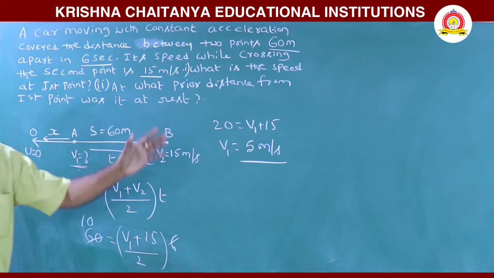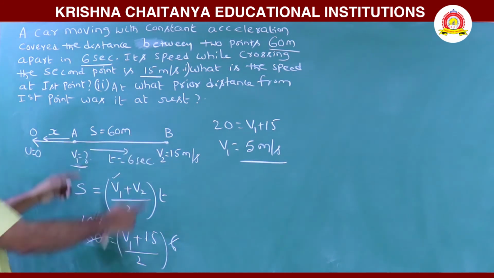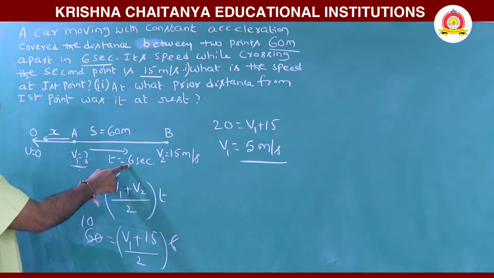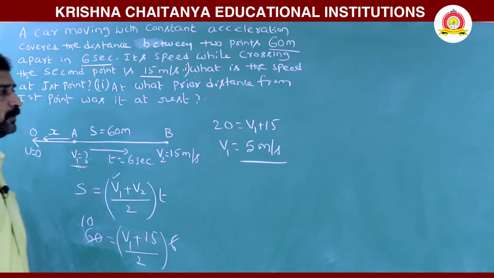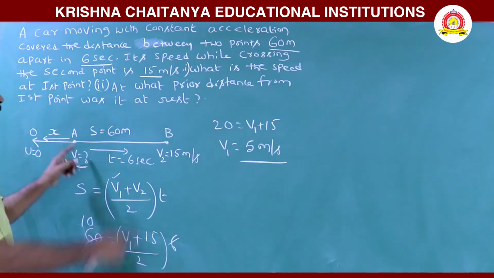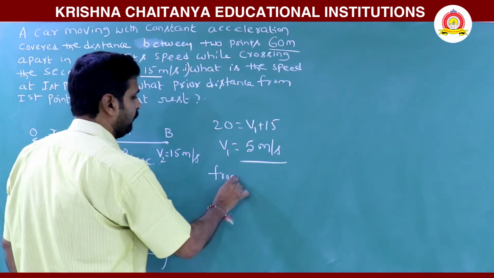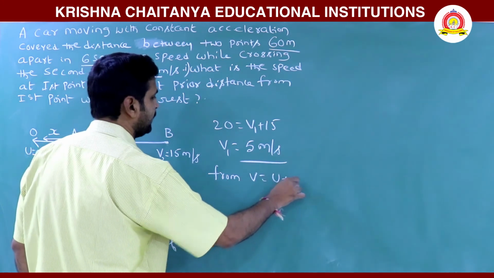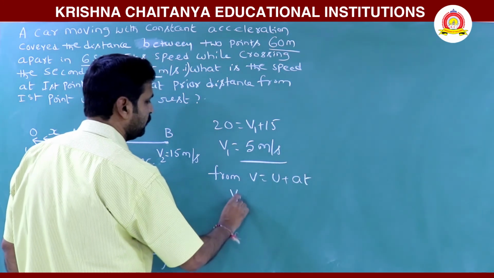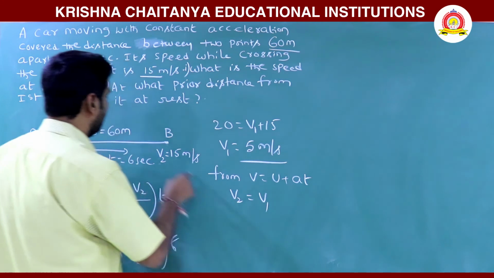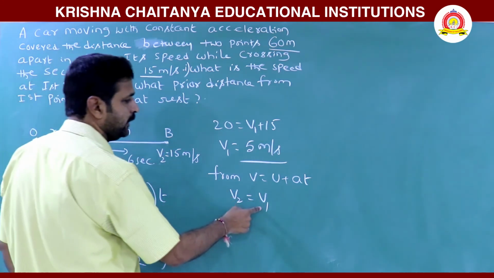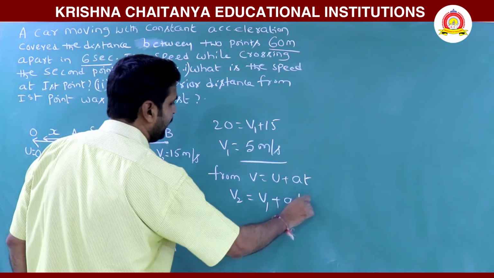Since acceleration is constant, now for this time t, you know v is equal to u plus at. For this journey v is v2, from v is equal to u plus at, v2 is equal to a to b, v1 initial a and t.